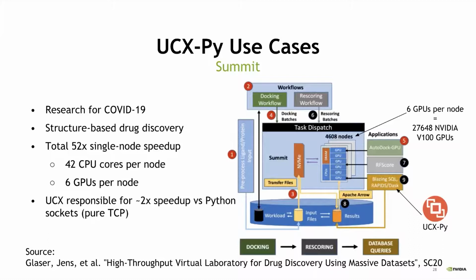Summit is comprised of 4,608 nodes, with 6 GPUs per node, so a total of more than 27,000 GPUs. This is all interconnected with Mellanox and InfiniBand. So UCX-Py plays a very important role there in allowing data scientists to quickly run all their workflows on Summit, with a very easy process for scaling up their work to more nodes because of Dask.